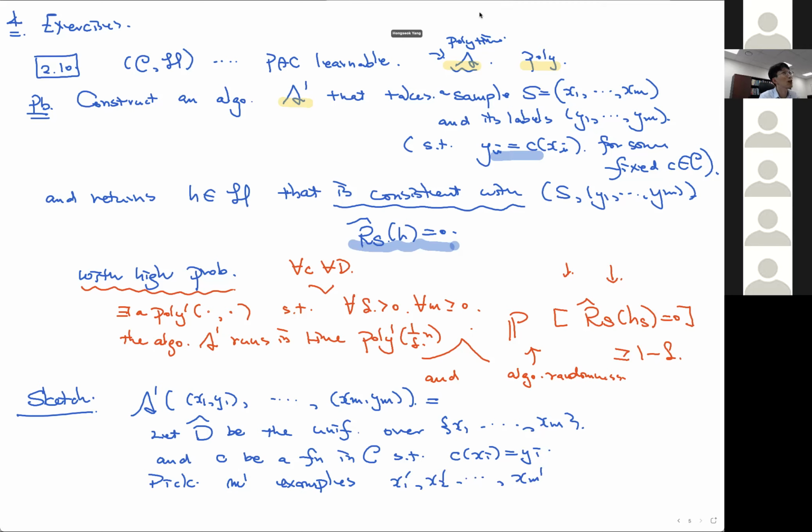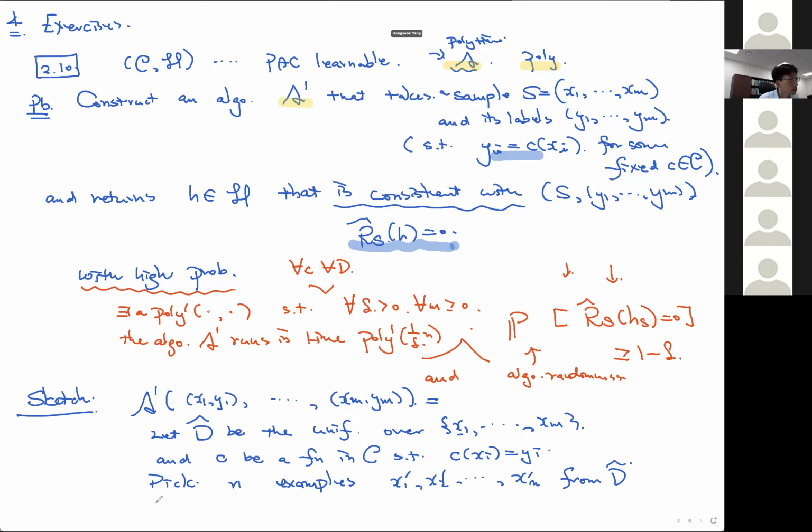Let's not use m prime, different word: use n examples. We draw from the uniform distribution, which means that some xi, maybe x1, may appear repeatedly, but that's no problem. We just generate samples from here.